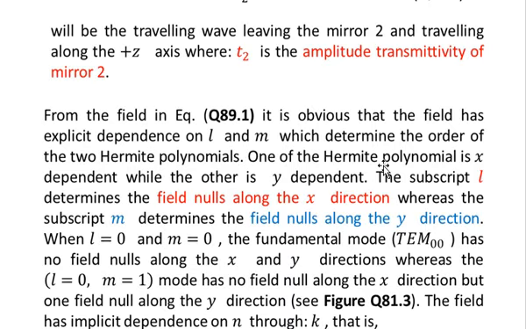One of the Hermite polynomials is x dependent while the other is y dependent. The subscript L determines the field nulls. Field nulls mean the points where the field is going to be 0. The subscript L determines the field nulls along the x direction, whereas the subscript M determines the field nulls along the y direction.